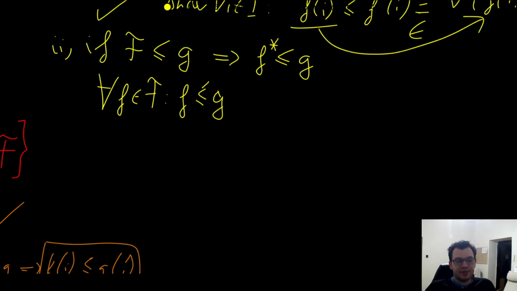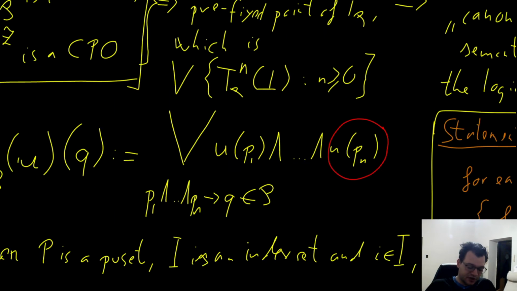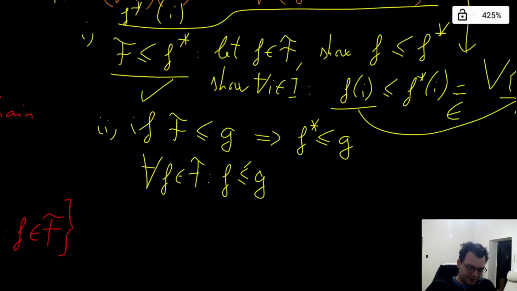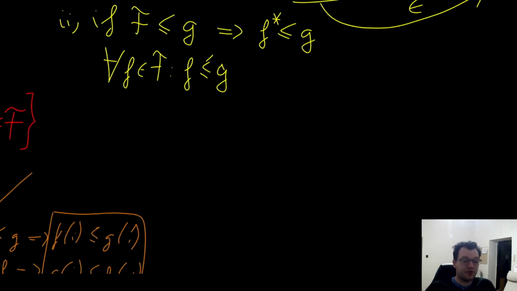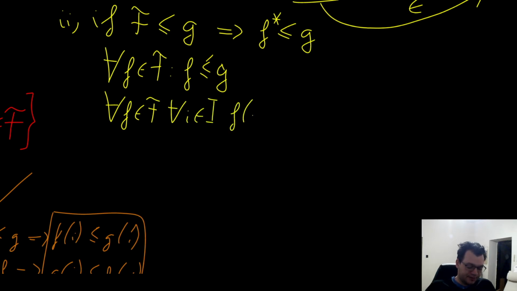Was this a comparison of two functions, f and g? When do we say this? If this holds for each possible input. So for each f and for each i, we have fi at least as, so it's a lower bound for gi.